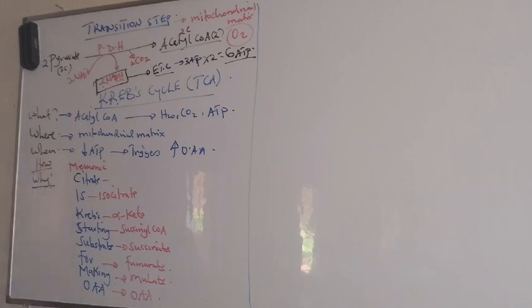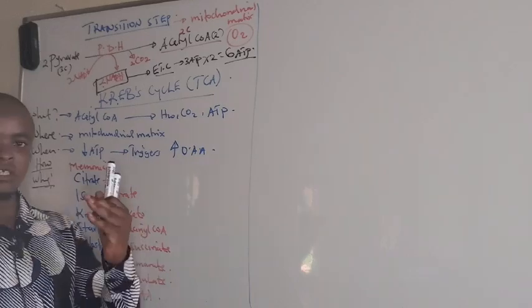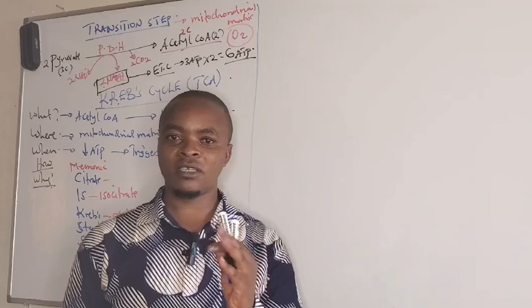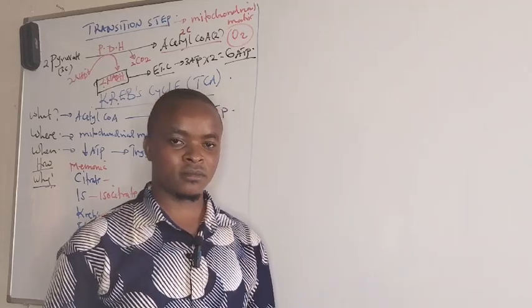So this is the mnemonic we can always use to remember the steps in the Krebs cycle: Citrate Is Krebs Starting Substrate For Making Oxaloacetate.